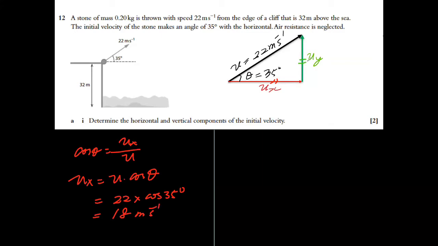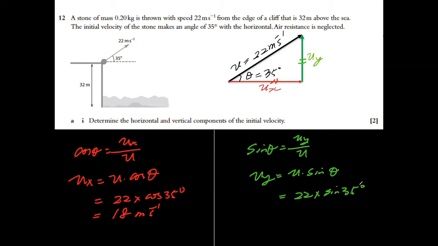The vertical component of initial velocity is opposite. That is sine theta equals uy over u, and uy equals u times sine theta. The initial velocity is 22 times sine 35 degrees. That gives us approximately 13 meters per second.